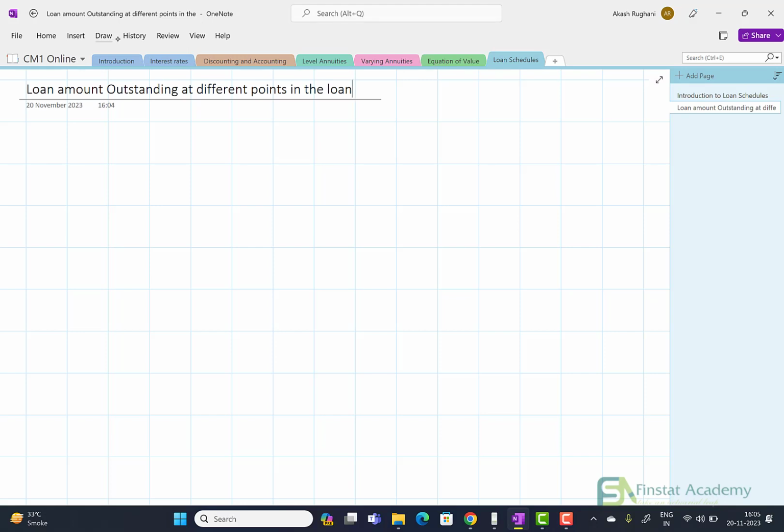So I go back to the original example. Let's say at time 0, 40 lakhs was borrowed, against which an installment of 6,50,981 is being paid every year for a period of 10 years.